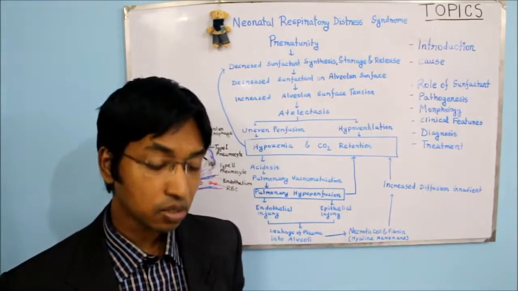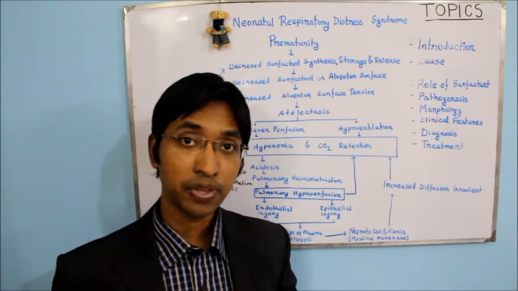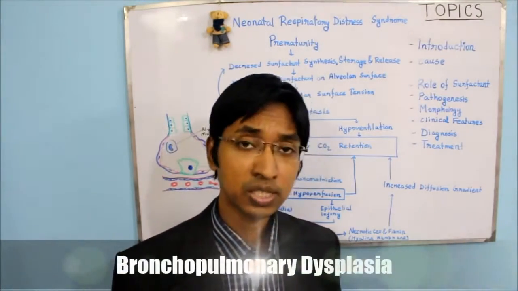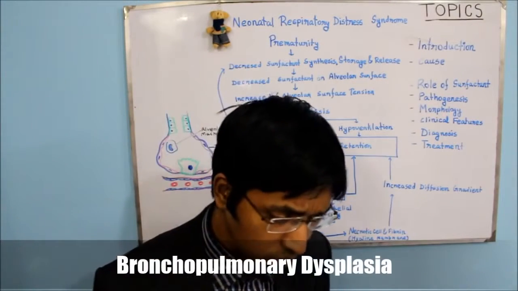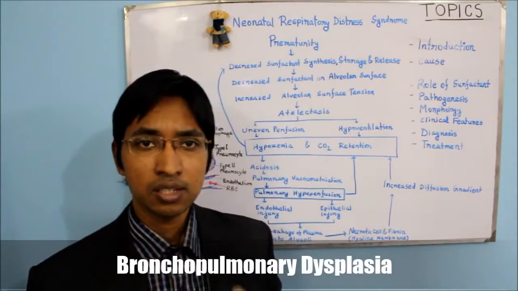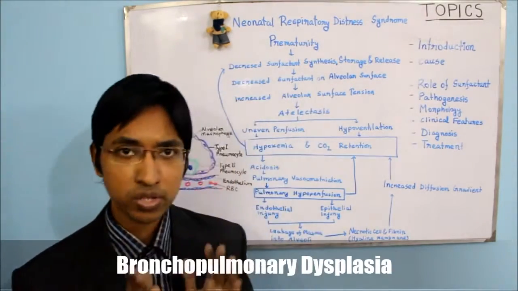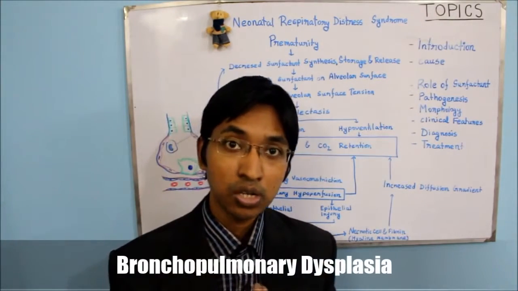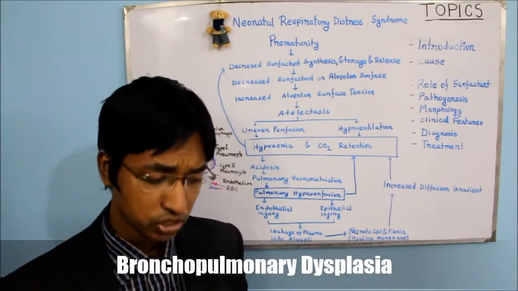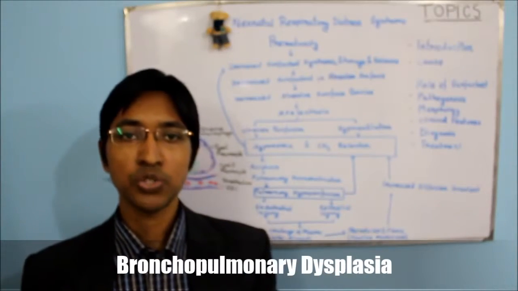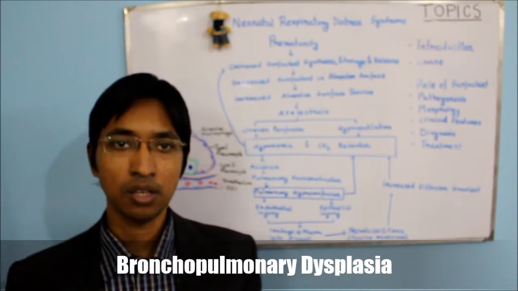And another complication that we mentioned was bronchopulmonary dysplasia, and here we will see that due to high concentration of oxygen there will be a problem in the septation of the alveoli. As a result the alveoli will appear larger and simplified in nature, and it will also result in dysmorphic capillary configuration.